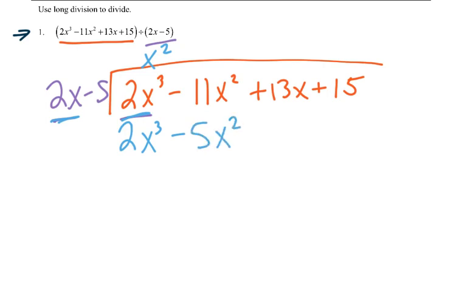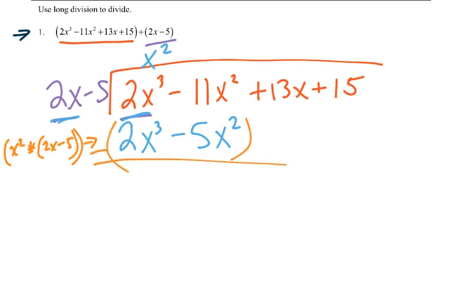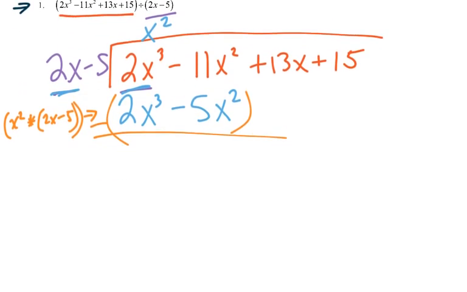So in this step, I'm going to write in orange to the side. We did x squared times 2x minus 5 to get this part. We then will subtract this, just like in our division with numbers. We subtract to find out what's left over.